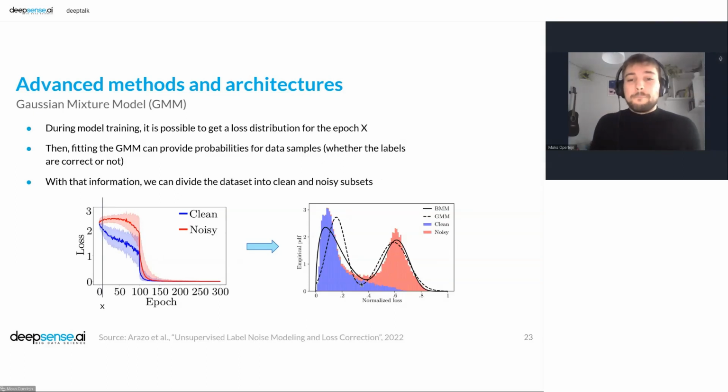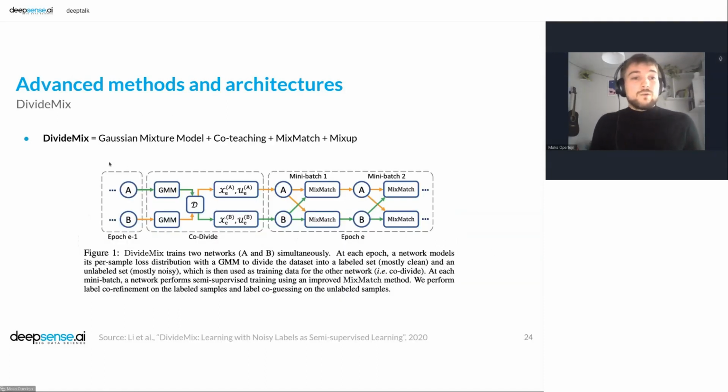So with this model, we can just input the data sample, and the model will tell us. So, for example, there's a 90% probability that it is actually clean. So with that information, we can divide the data set into clean and noisy, and then we can easily work with that.